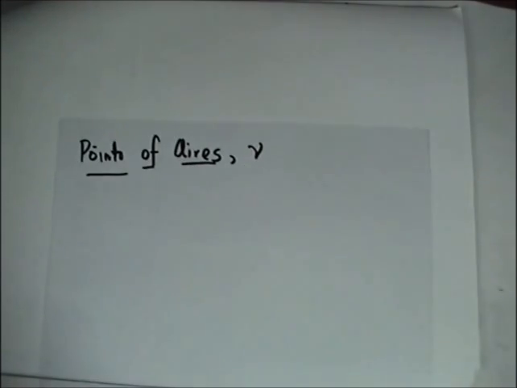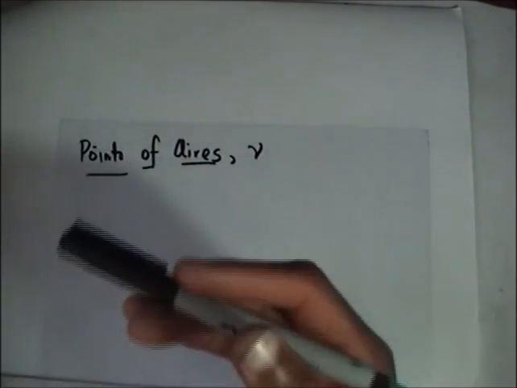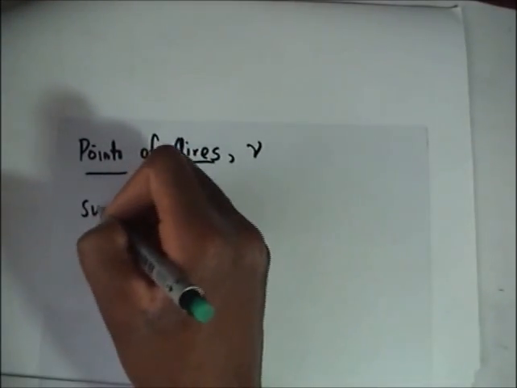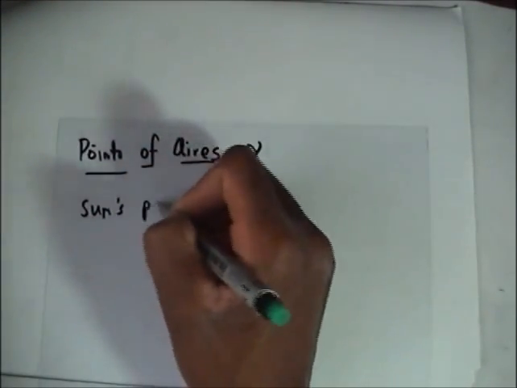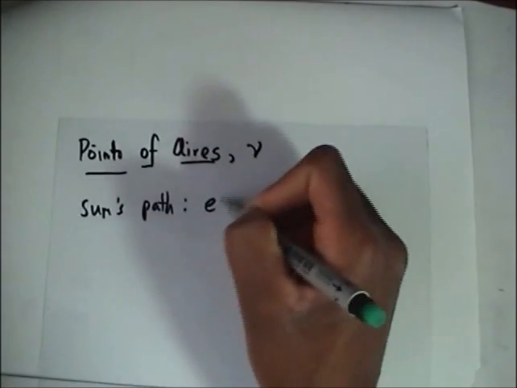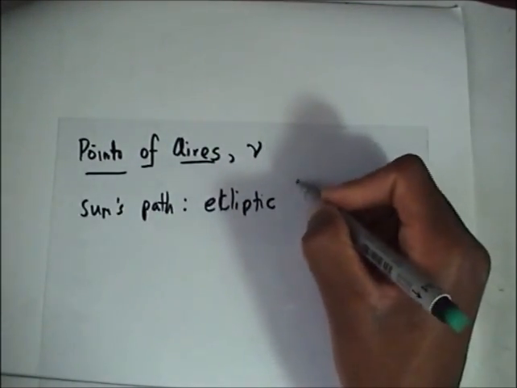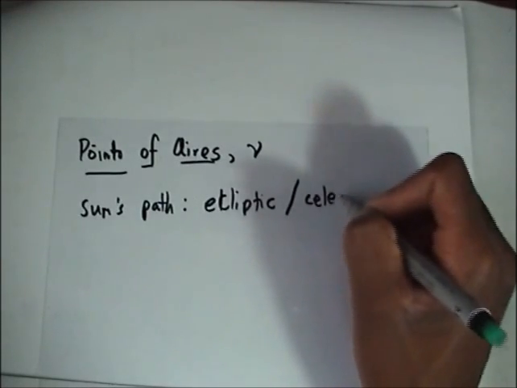As we discussed the origins of this symbol, we saw that it is a point where the ecliptic, or the sun's path, cuts the celestial equator.